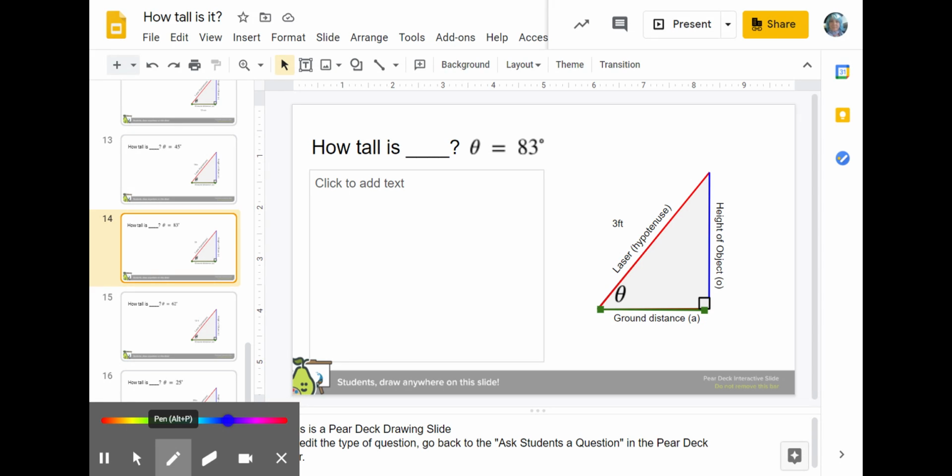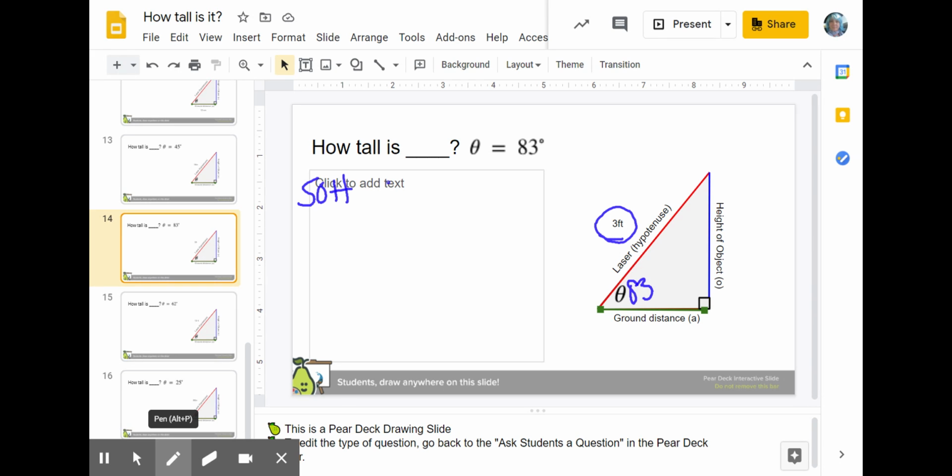Decide which functions you're going to use. Because I'm given the hypotenuse, I can't use tangent.